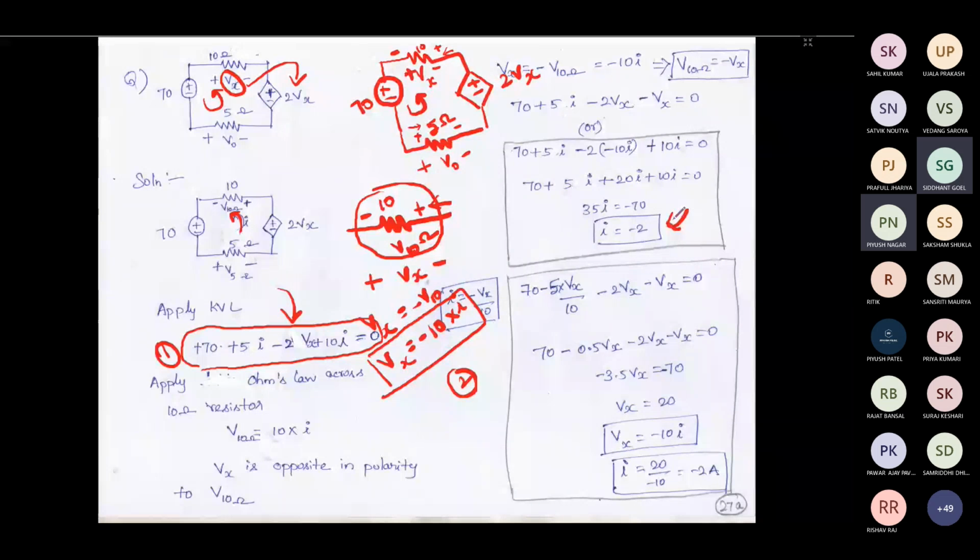Because we assumed the current direction in the reverse way, so our actual current direction is opposite to the assumed one. So we got I as negative. Now you got I, so you can directly substitute to find Vx. So Vx is equal to minus 10 into minus 2, which is nothing but 20 volt.